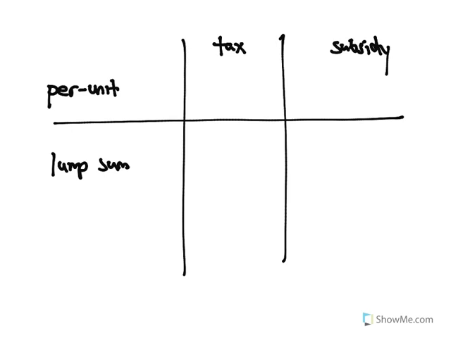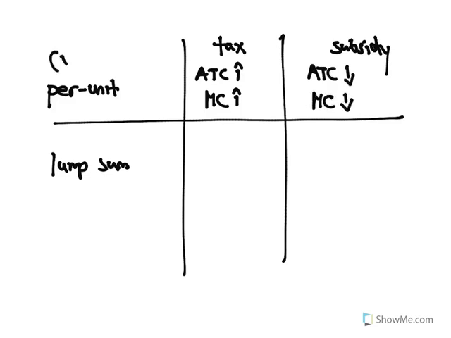So a per unit tax or subsidy means we're either increasing the cost with a tax of each unit that's being produced, or with a subsidy, we're reducing the cost of each individual unit. And so if it's per unit, that is going, in the case of a tax, to increase average total cost and marginal cost. And if it's a subsidy, it will reduce those costs. So basically, per unit, you need to think variable cost.